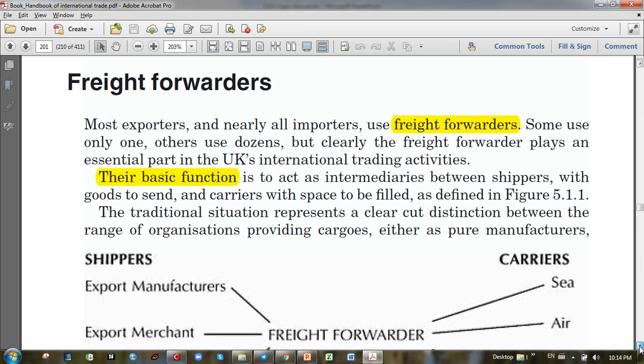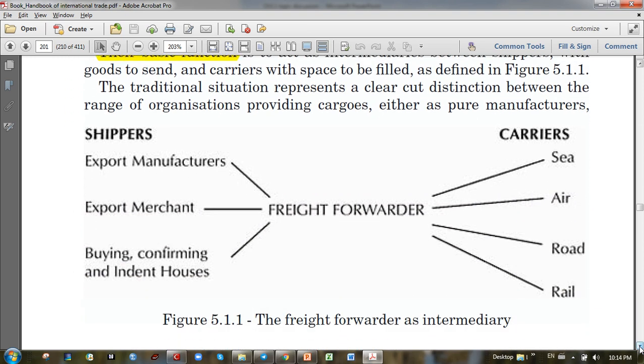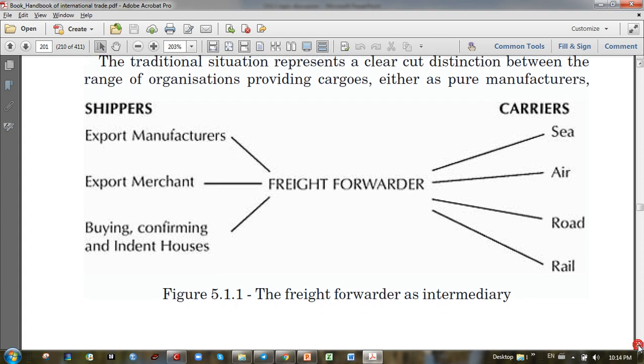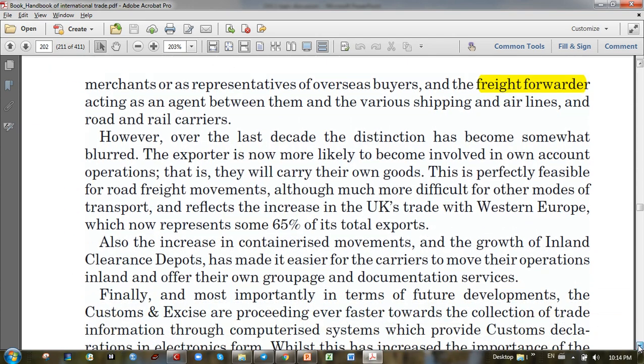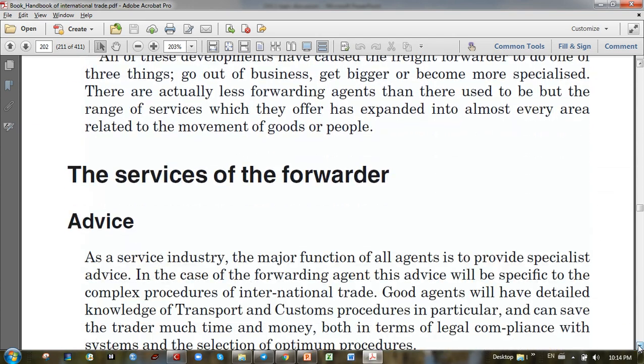However, when you see figure 5.1.1, you can see the freight forwarder is between shippers and carriers. You can read that one in order to get the content.